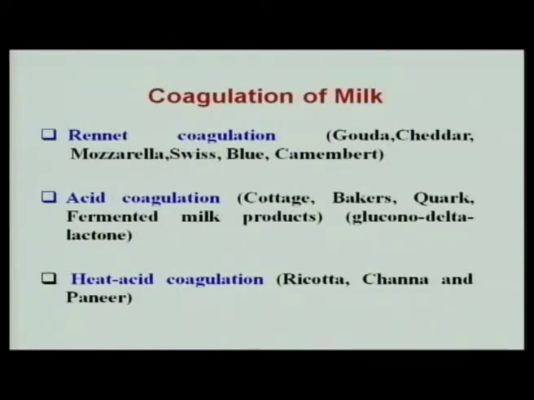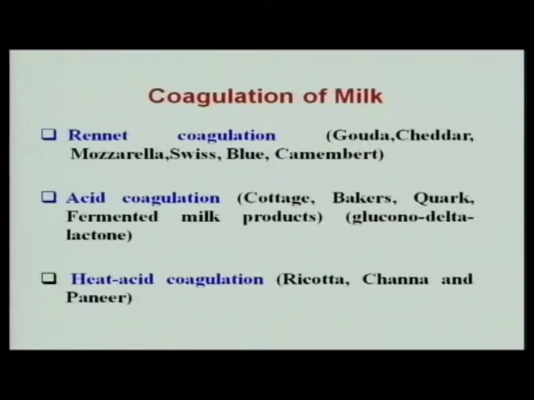So, coagulation of milk is important and it is caused by different mechanisms. As I mentioned, rennet coagulation is the most preferred, and the major varieties like cheddar, the Dutch variety Gouda, mozzarella and the Swiss varieties, maybe Emmental or others, blue cheese and camembert are all produced by rennet coagulation.